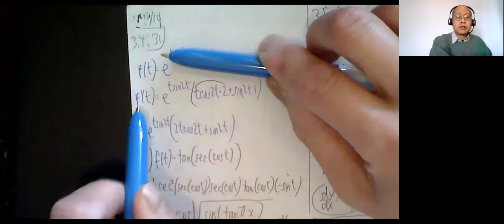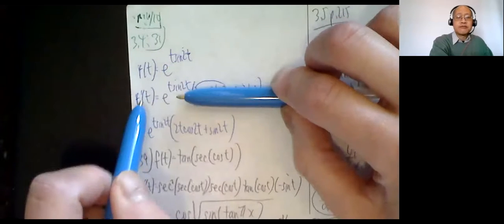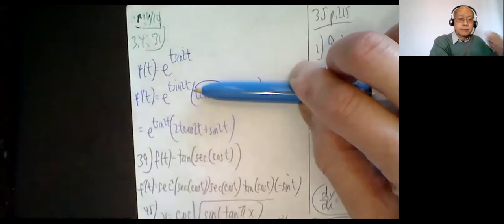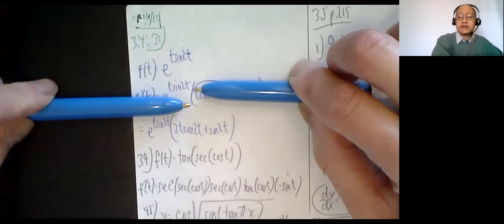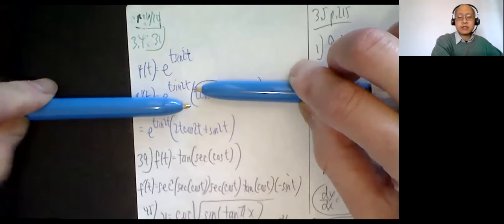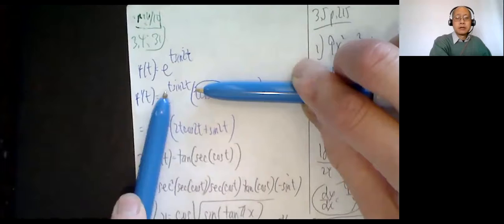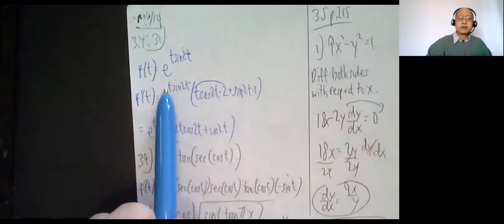Okay, so here we go. If f of t is e to the t sine of 2t, f prime is the same thing, e to the t sine of 2t. So that part's now finished. Now pretend the problem just asks for the derivative of t sine of 2t. It's a product, so you've got to put parentheses around the whole thing. First, t times the derivative of the second.